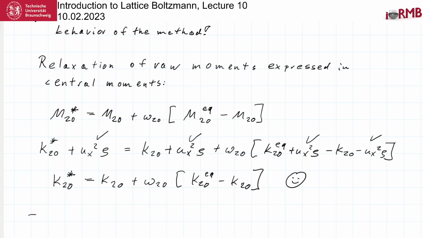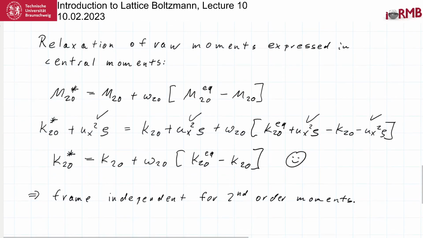So one thing that we can conclude: we could also do it for the other two cases that we still have, but I guess you believe me, this is frame independent for second order moments, so K20, K02 and K11.